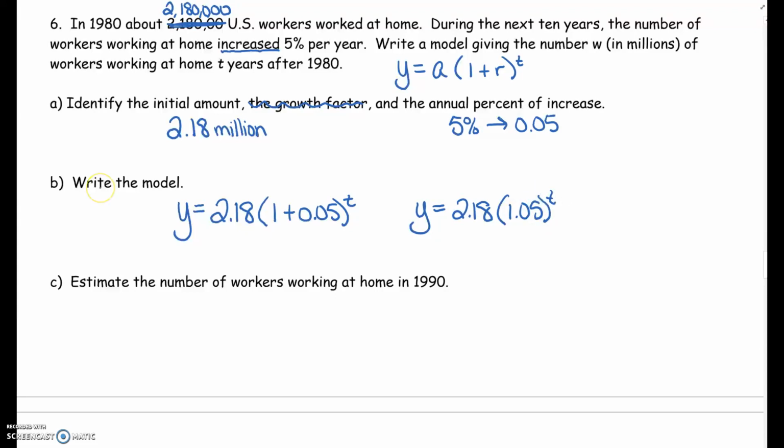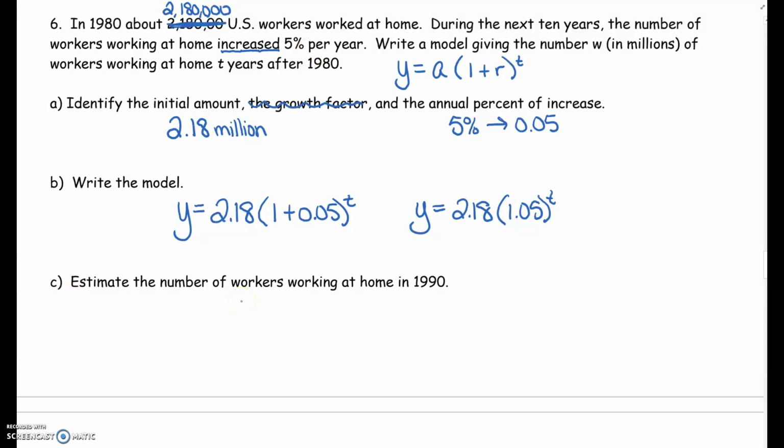Okay, these word problems are really not very difficult. Look for the word increase or decrease. That will tell you whether to use the version of the model that has a plus for increase or a minus for decrease. Find your starting amount, find your percent, plug it in.